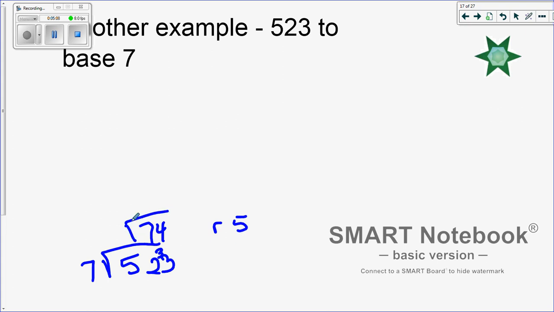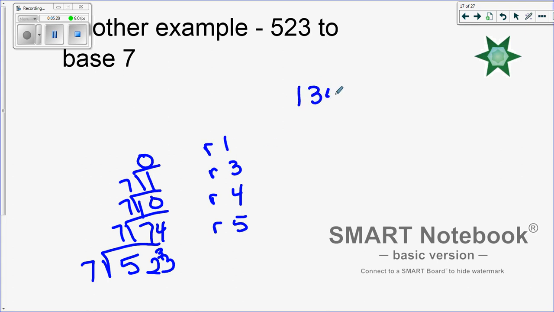Okay, so now I do 7 into 74. That's once, with a remainder of 4. 7 goes into 10 once with a remainder of 3. 7 goes into 1 0 times with a remainder of 1. So my answer here would be 1, 3, 4, 5, base 7.